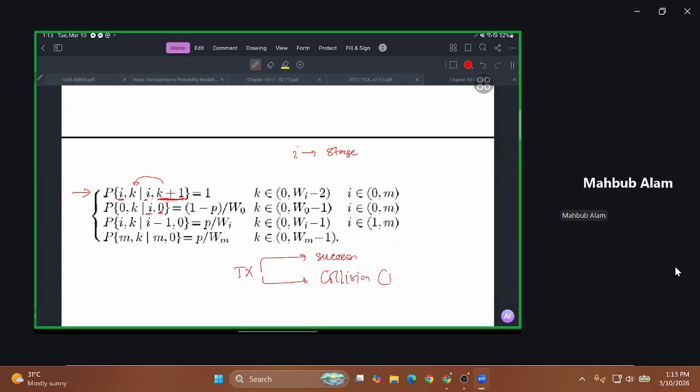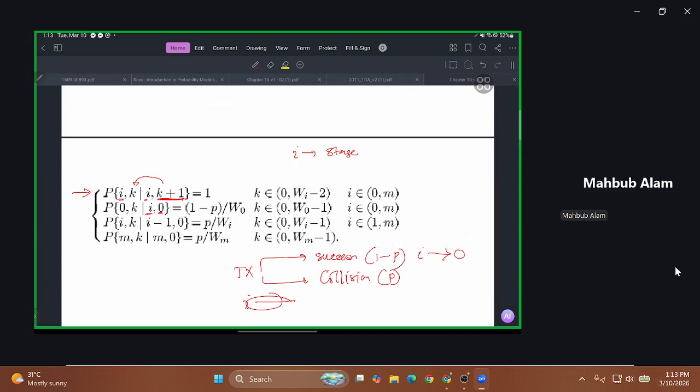A collision occurs with probability P, a success occurs with probability 1 minus P. So if a success occurs, then the stage i will be 0. That means the packet is gone, transmitted, and now you need to choose a new packet and then start the transmission of that packet.